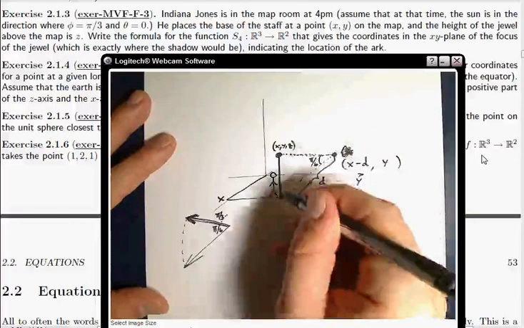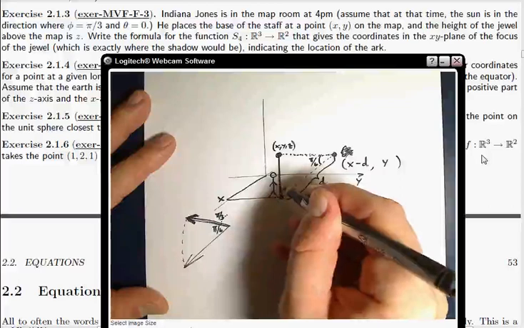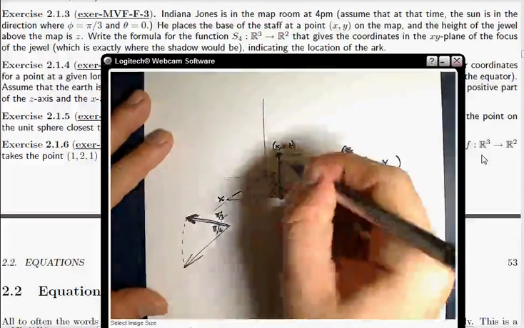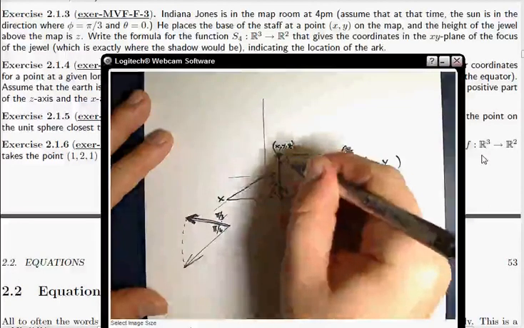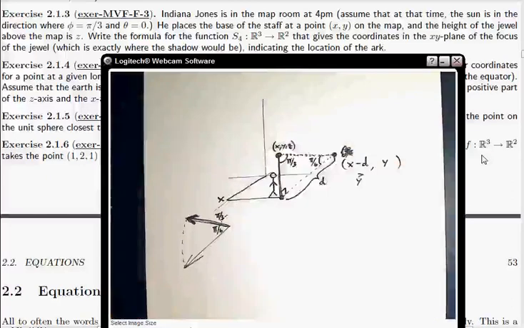And, of course, that's a right angle because he's holding the staff upright, presumably. And that makes this pi over 3. So this is a 30, 60, 90 triangle. And let's see here now. We have some information about, yeah, so the height is z.